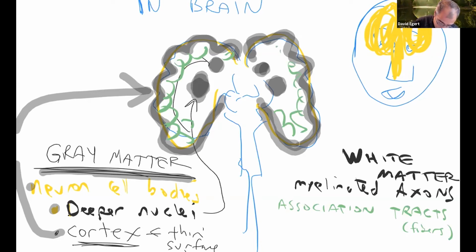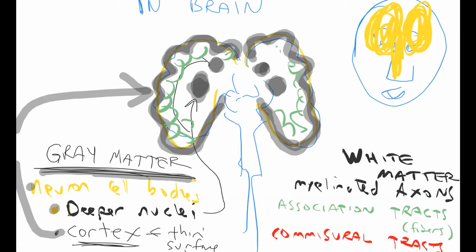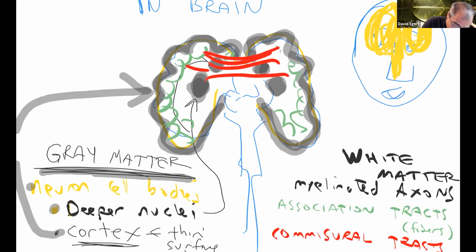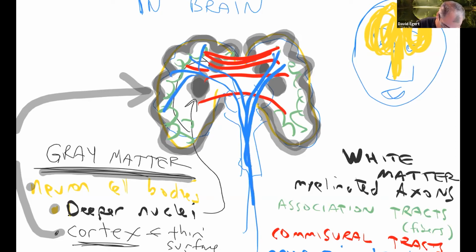There are commissures that are connecting the right and the left sides. And then the projection tracts are ones that are going between higher and lower brain regions.